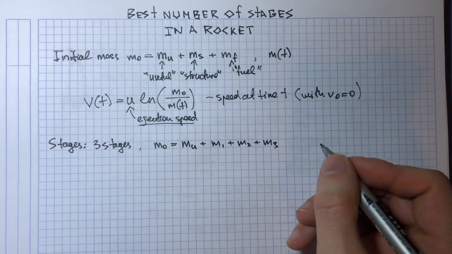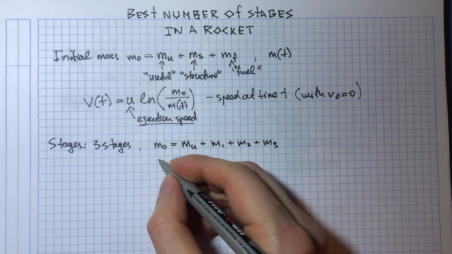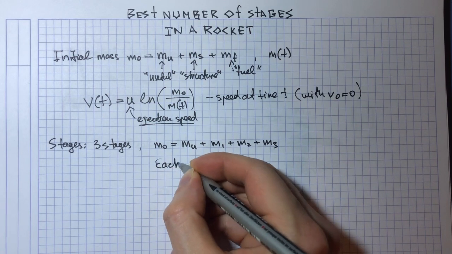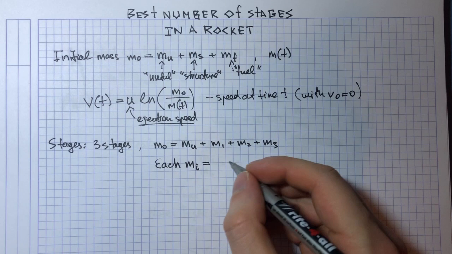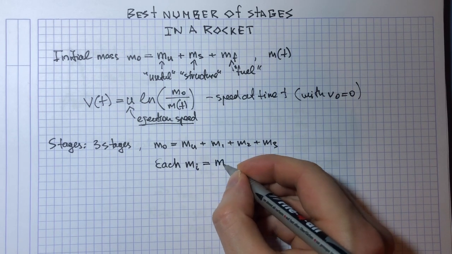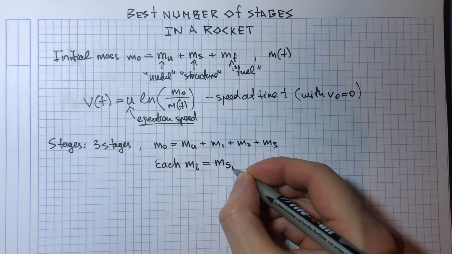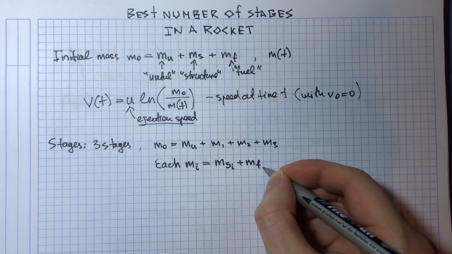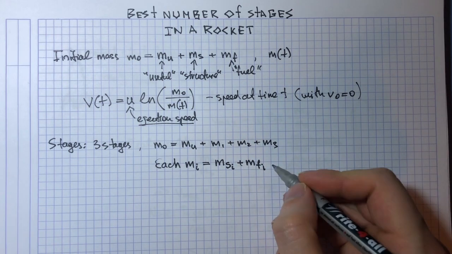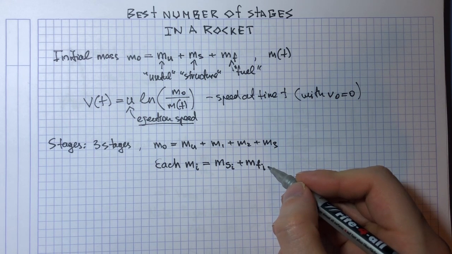And what we are going to assume is that each mi is obviously composed of 2 things. First of all, the structural mass of that stage plus the fuel mass that is contained inside that stage.